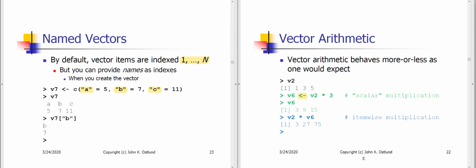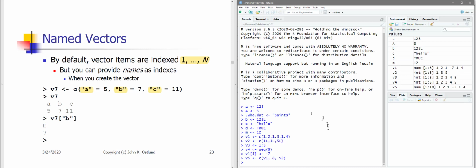Let me pull up my RStudio. Okay, so I have relaunched RStudio, and I have typed in all of the code up through slide 22, so I have the same variables that I should have. And here I'm saying v7 gets, okay, I'm too lazy to type that in, so let me copy and paste it.